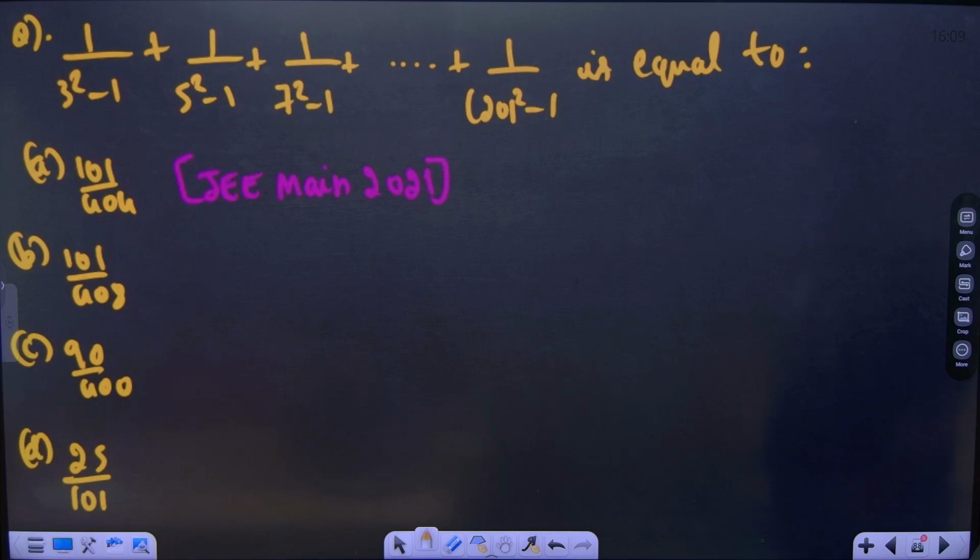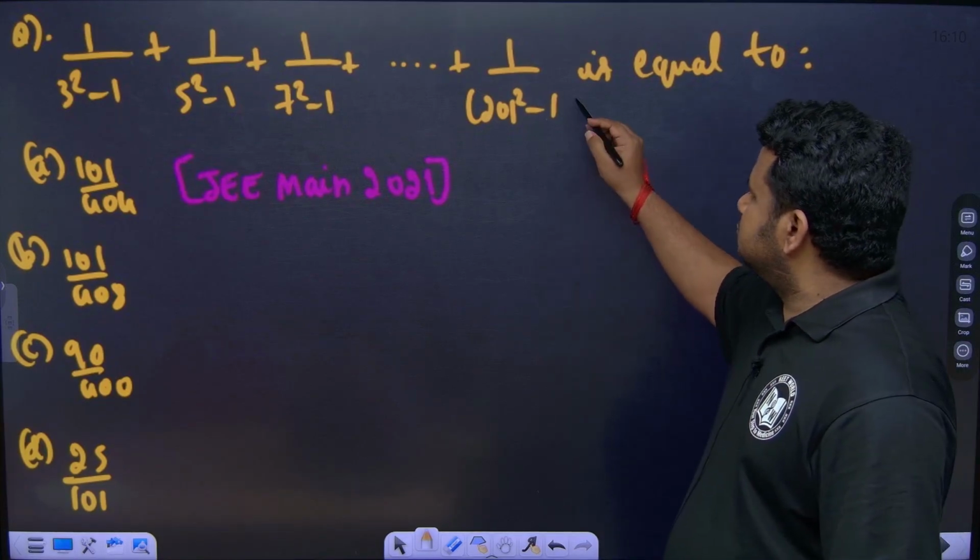What is the general term here? 1 by n square. Sir, what is the last term written? 201 square minus 1.